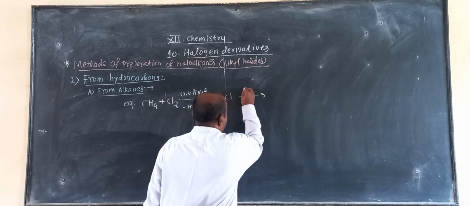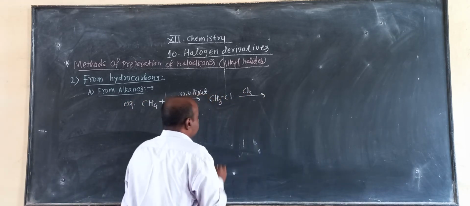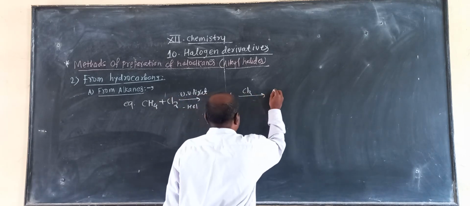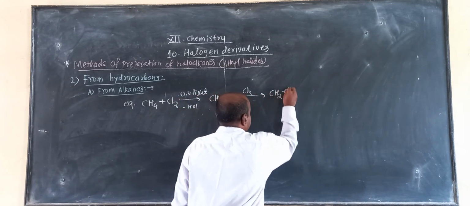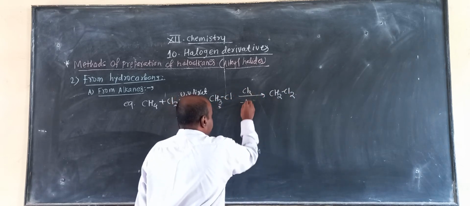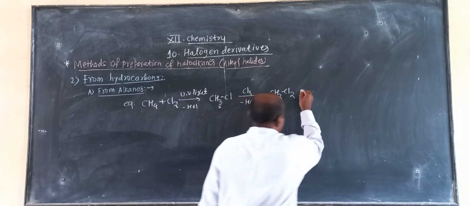Similarly, if chlorination is continued, then again one hydrogen is replaced, and you get methylene dichloride. Here again the side product obtained is HCl.